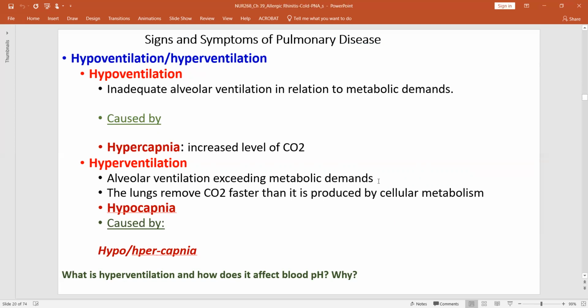Hyperventilation causes hypocapnia, which is usually caused by severe anxiety, acute head trauma, traumatic brain injury, TBI, pain, or a response to conditions that cause hypoxemia. We can determine hypo- or hypercapnia by measuring ABGs.